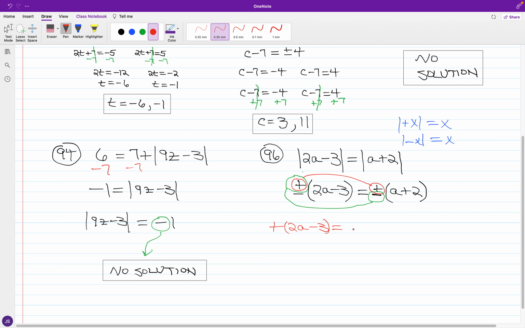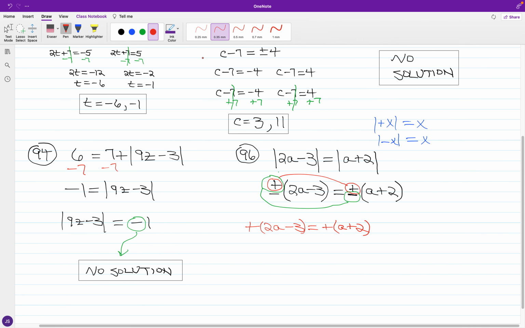And say that is equal to the positive of a plus 2. And where we have any negatives involved, so we have like the positive of 2a minus 3.